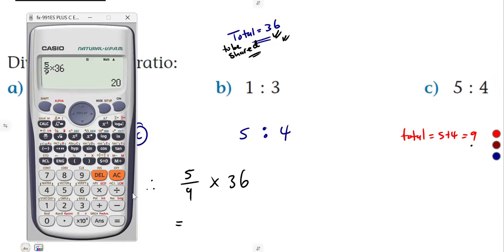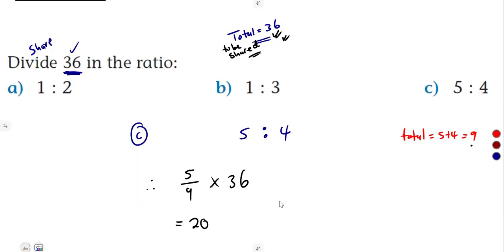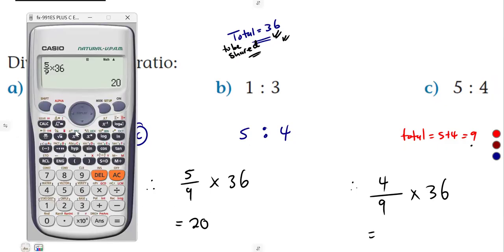So this was going to give us 20. We move on to the one that has a 4 according to the share, out of 9 times 36, the total to be shared. So 4 over 9 times 36 is 16.